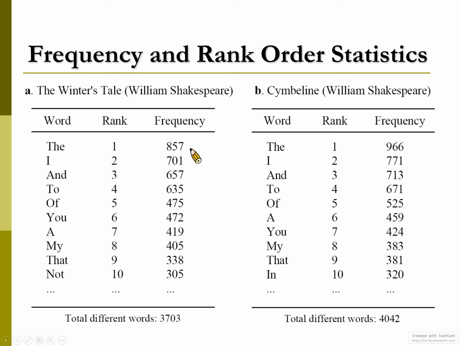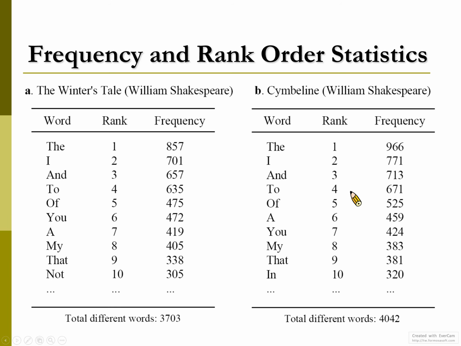If we find all frequencies for each word, then we can arrange these words according to their rank. For example, we place the first rank on the most frequent word in the play, the word "I" is the second most frequent word, and so on.